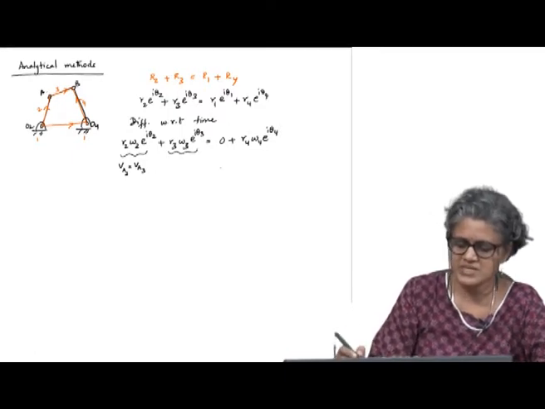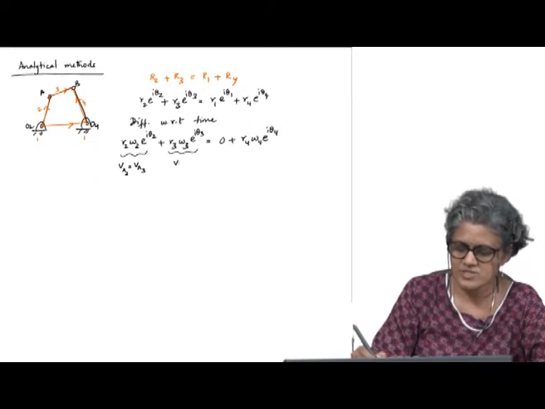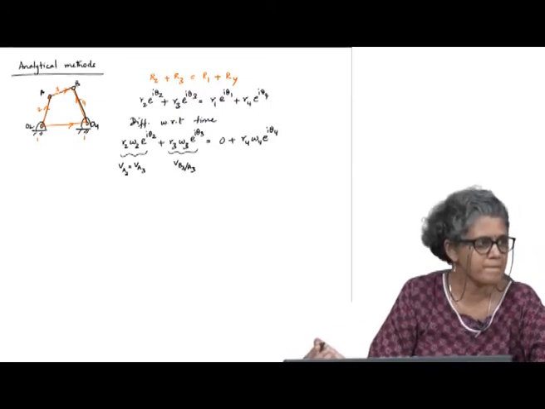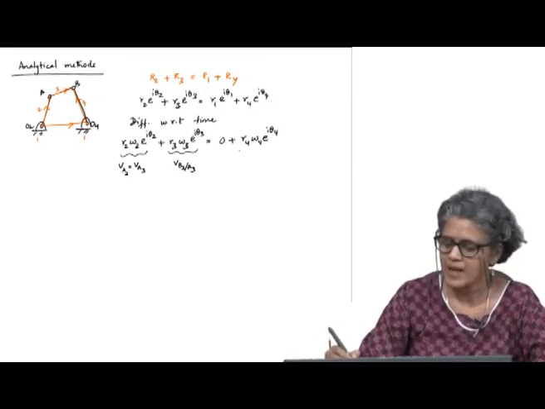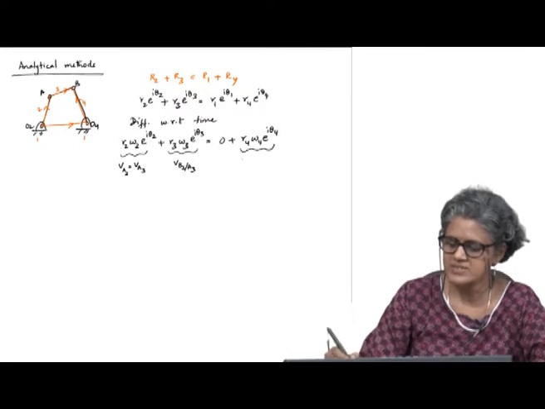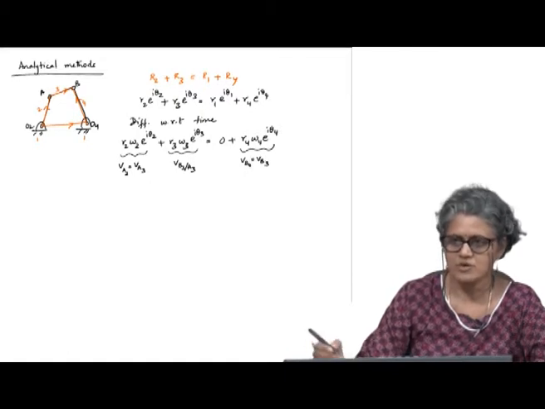This expression here is the velocity of B with respect to A, and this here is the velocity of B on body 4, which is equal to the velocity of B on body 3.